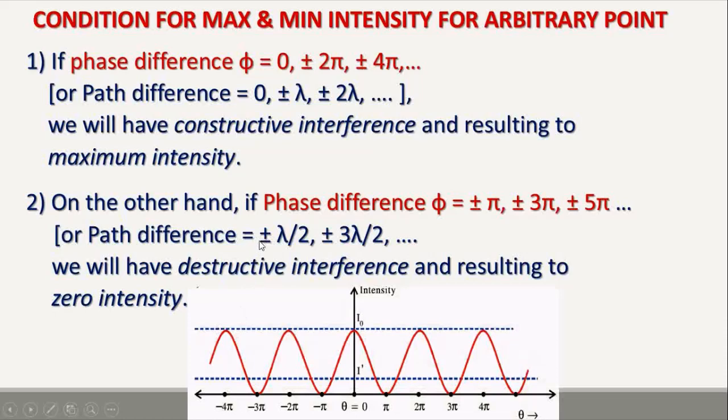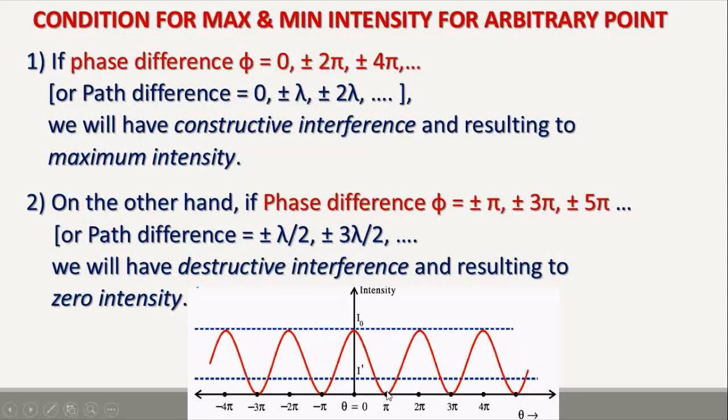You can see this diagram. The central bright region is indicated by the peak of one curve for phase difference theta equal to 0. Then afterwards you will have plus or minus pi, because immediately after the central bright region you will have a dark region on both sides.